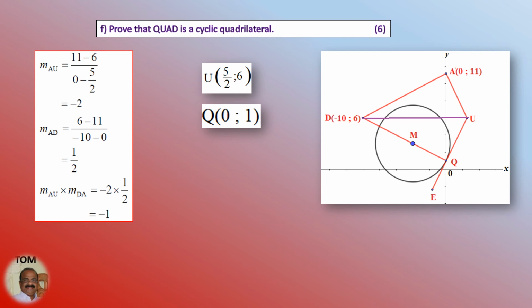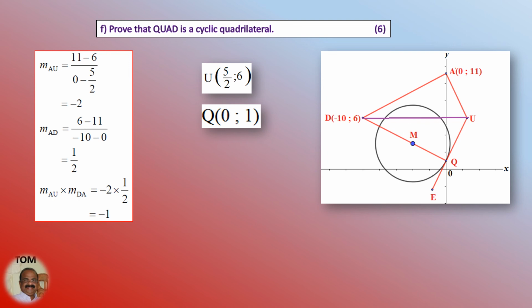Now in this question, the gradient of AU is 11 minus 6 divided by 0 minus 5 over 2, which comes to minus 2. And gradient of AD, using A and D, we get 6 minus 11 divided by minus 10 minus 0 gives us half.